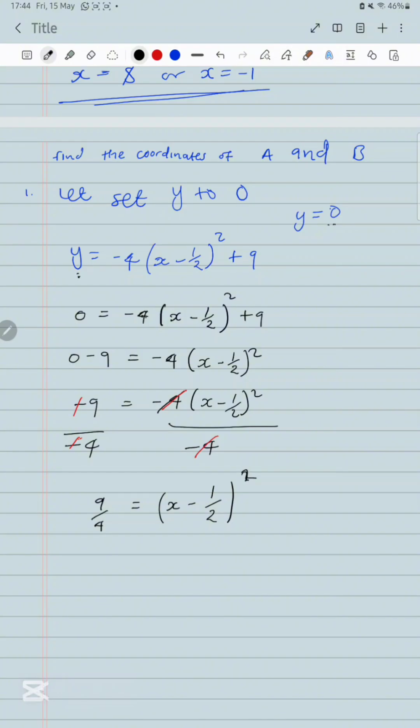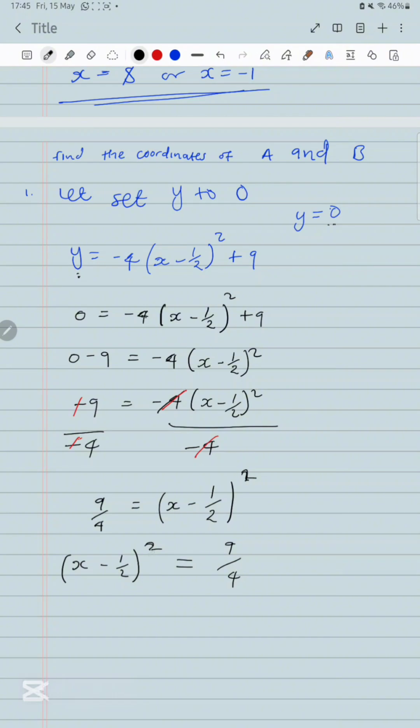But I can rearrange this by saying x minus 1 over 2, squared, is equal to 9 over 4.